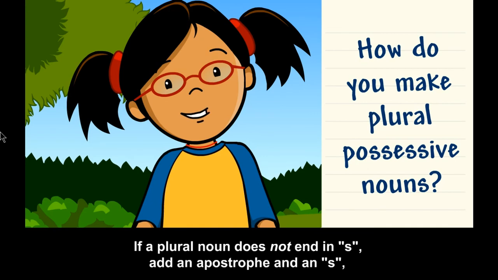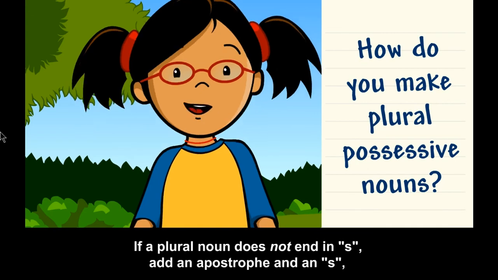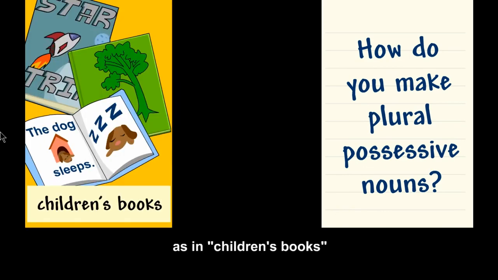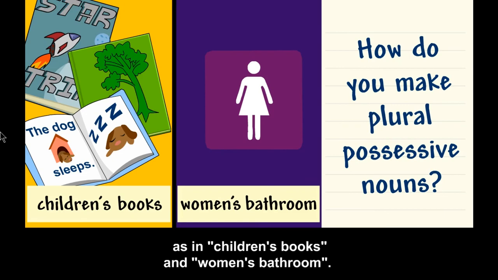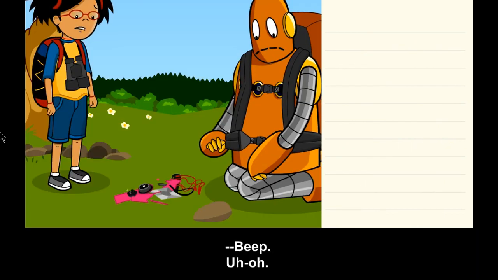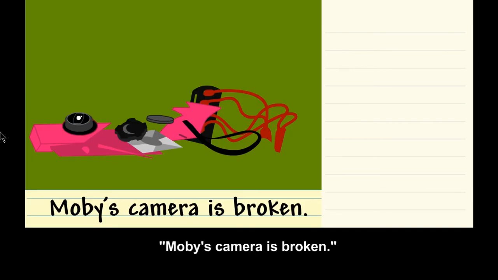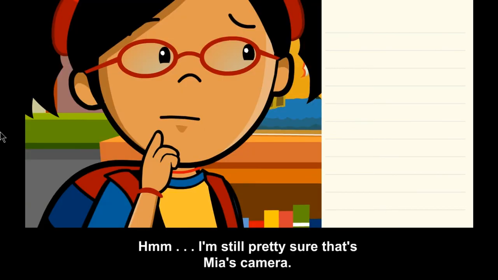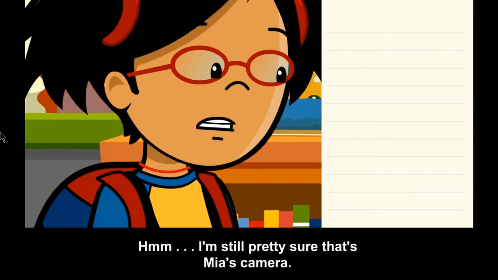If a plural noun does not end in S, add an apostrophe and add an S, as in children's books and women's bathroom. Uh-oh. Moby's camera is broken. I'm still pretty sure that's Mia's camera.